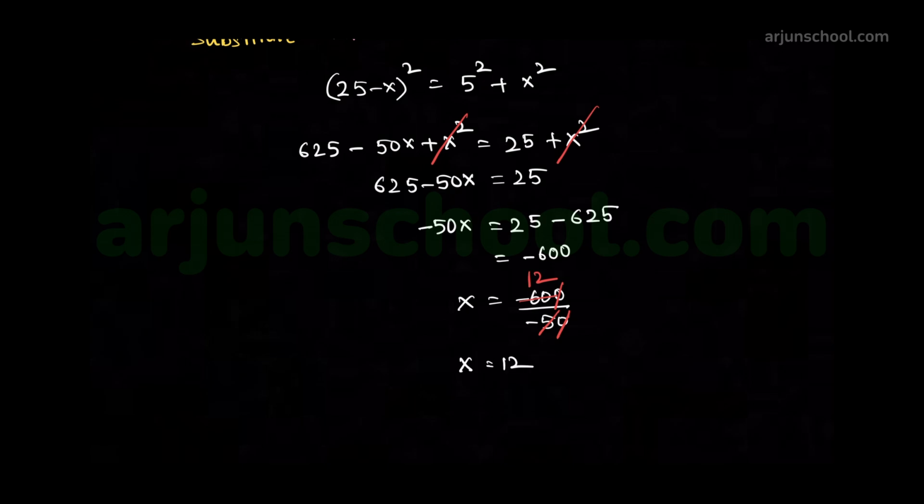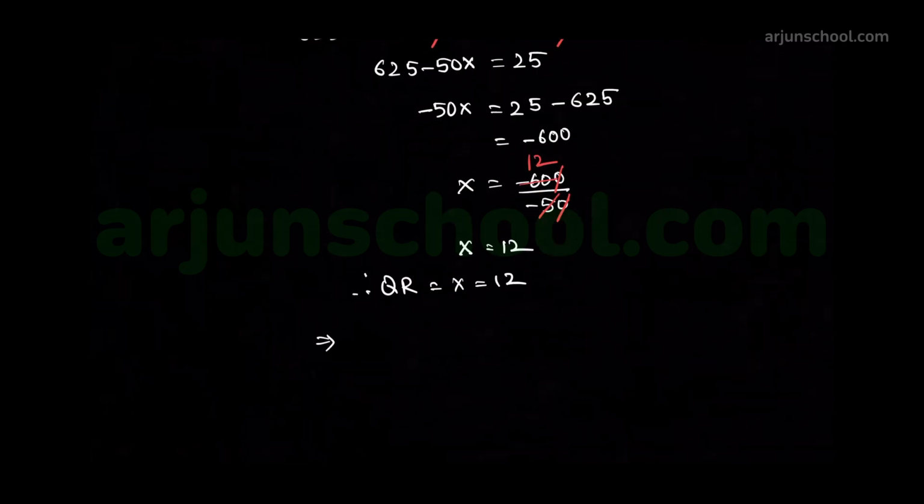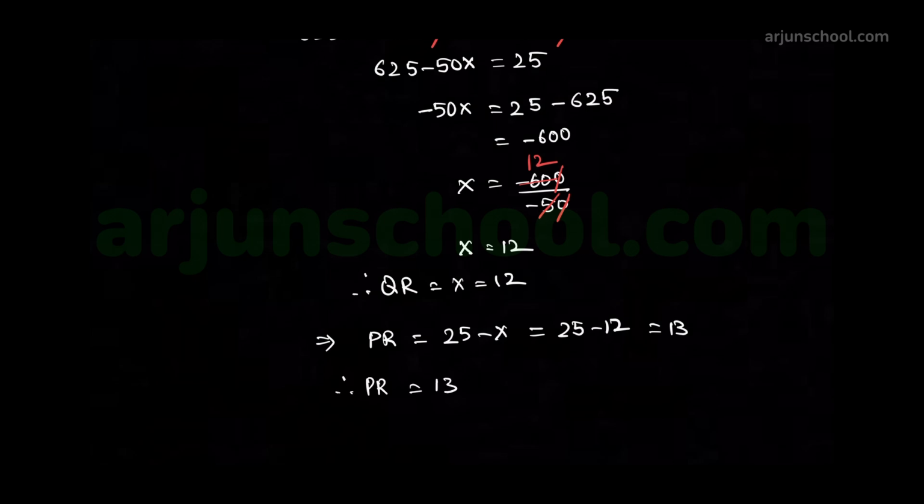So QR is equal to x is equal to 12 centimeters. Then PR is equal to 25 minus x, which is equal to 25 minus 12 equal to 13 centimeters. Therefore PR is equal to 13 centimeters.